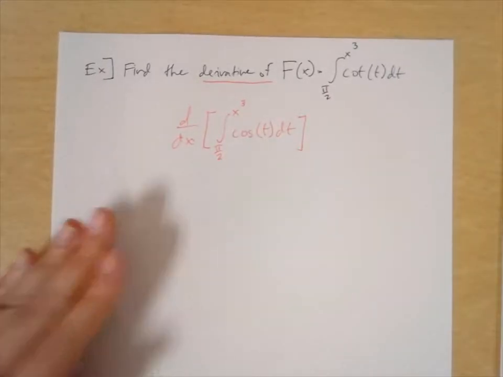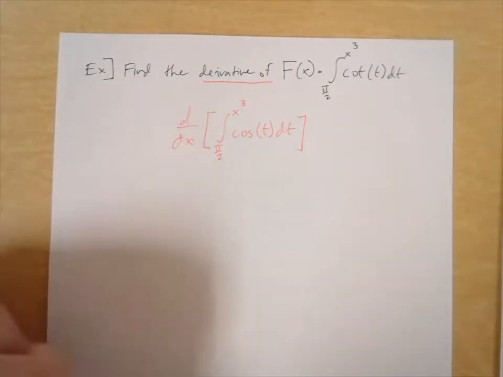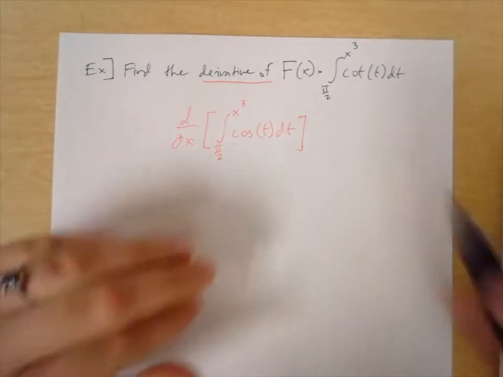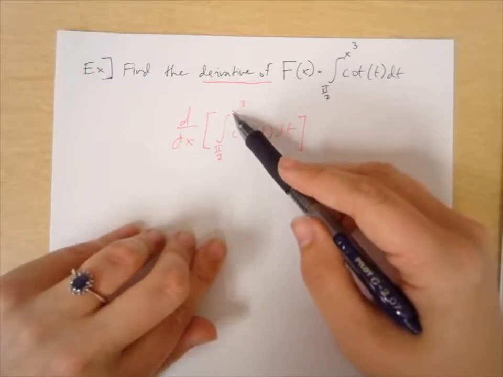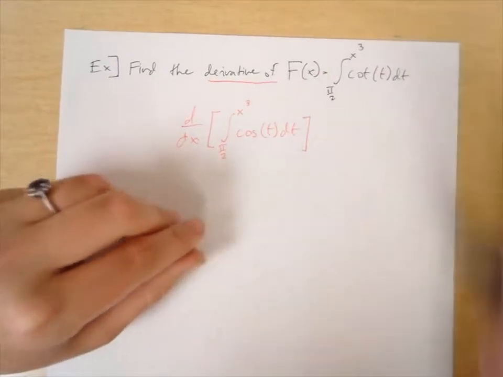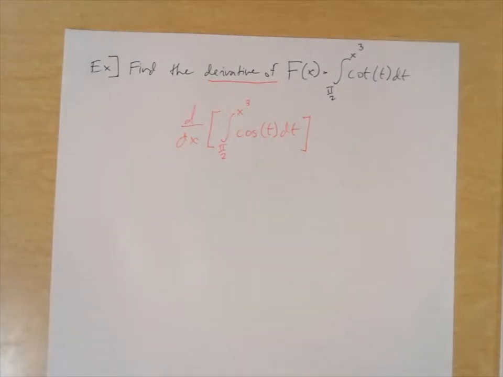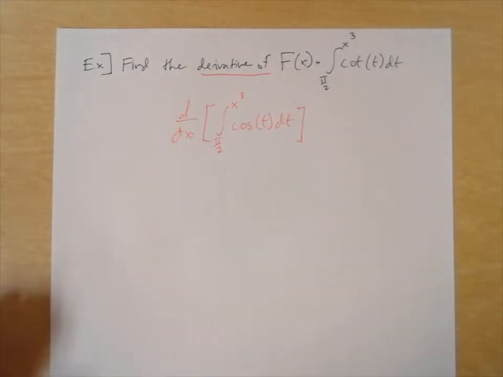Now I want you to notice some differences between this example and the last. We aren't just given an x, like our theorem states and like the last example did. We have an x cubed. However, what we can first do is recall how we normally handle an exponent when we're simplifying things. And that's typically with the chain rule. And that's exactly what we're going to use here.